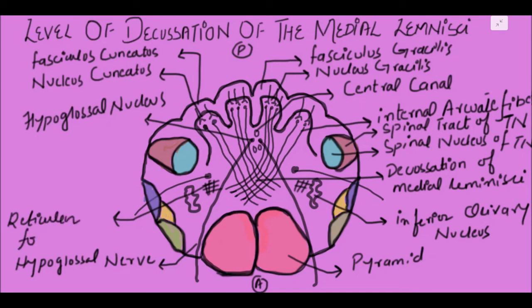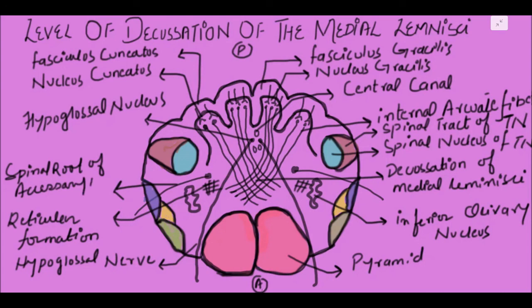It's a network of nerve fibers here, right? And what else we have is the accessory nerve, right? So this is the spinal root of the accessory nerve.